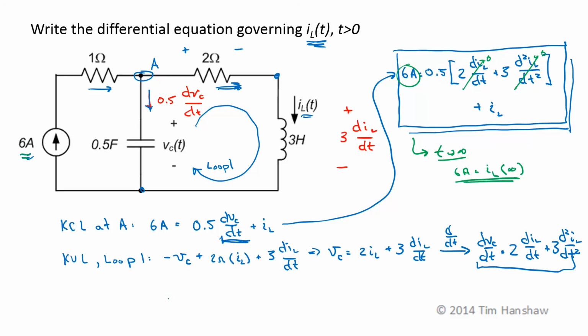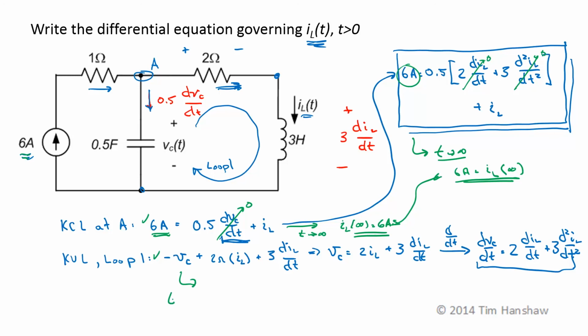That's good. I can apply this line of reasoning to my original two differential equations. As t goes to infinity in this differential equation, the forcing function is a constant, so derivatives will be 0. So I sub L at infinity is 6 amps. We keep coming out with the same result, so that's good.